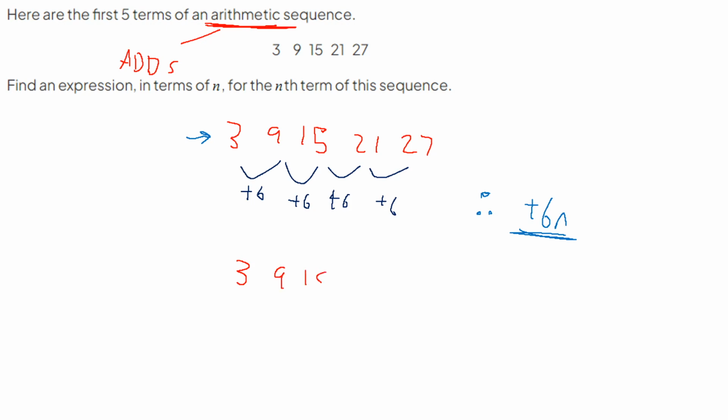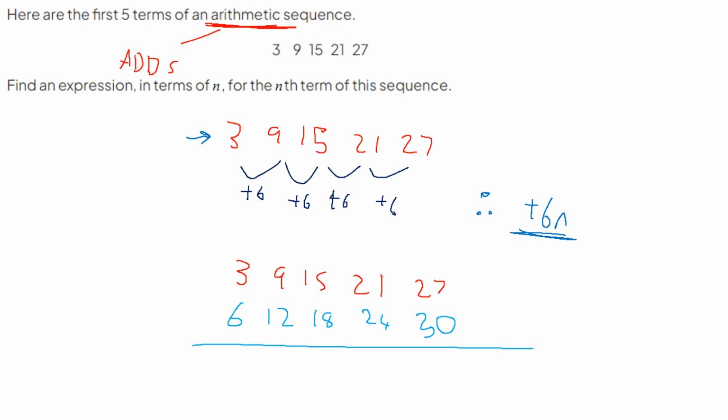So we've got 3, 9, 15, 21, and 27. And we're going to subtract 6n. So, from 6n, what is the first term going to be? When we sub in 1, 6 times 1 is 6. When we sub in 2, 6 times 2 is 12. And then it's 18. And then it's 24. And then it's 30.